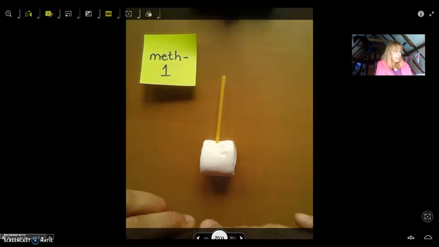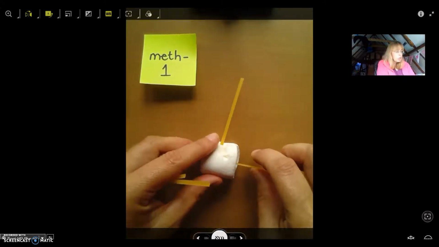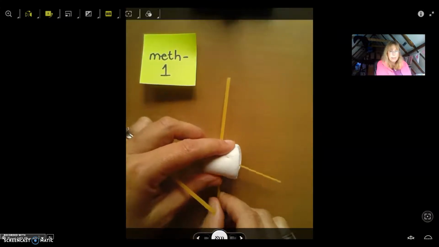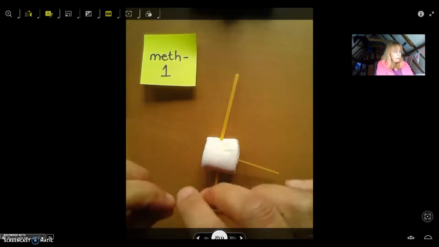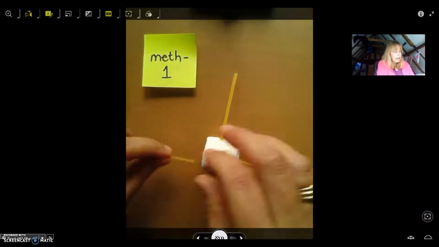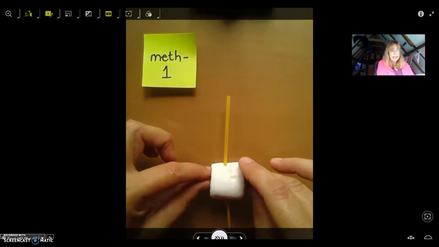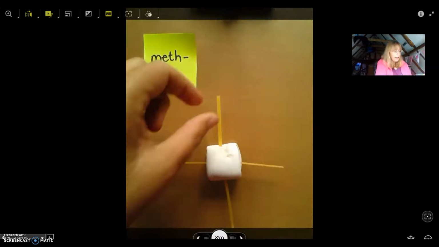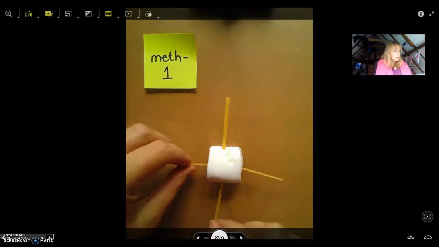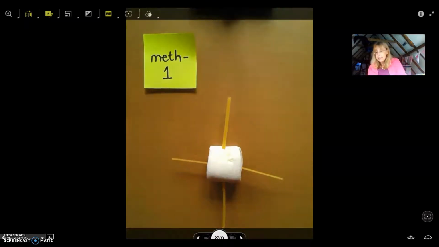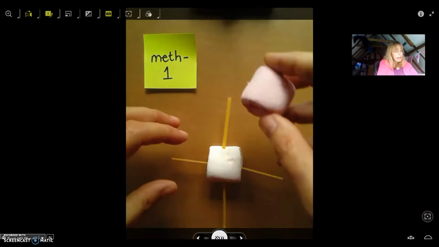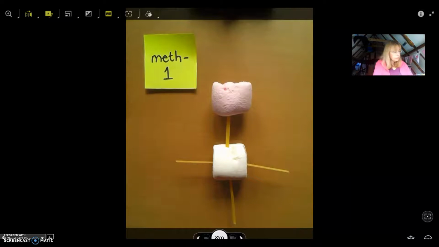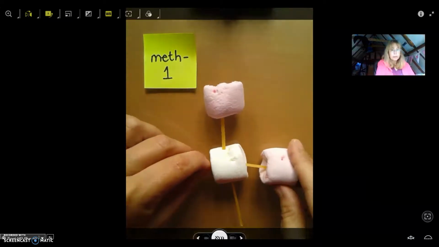It's probably a little bit too big. Right, so the little sticks of spaghetti or linguine are representing my covalent bonds. And because carbon is in group 4, it's going to have 4 bonds. Now, that means that to this molecule, I can add 1, 2.